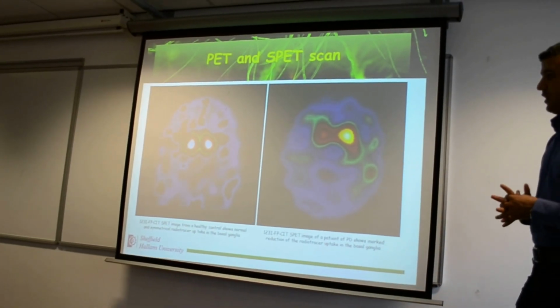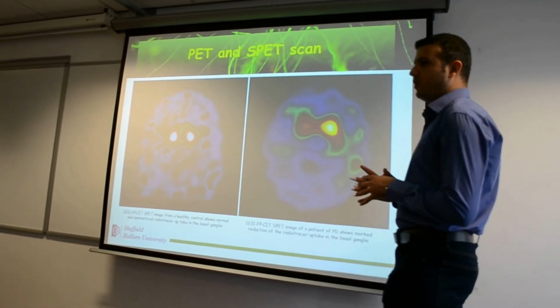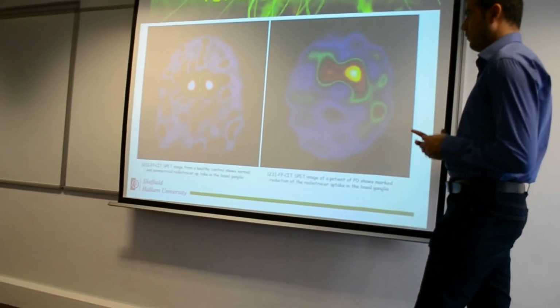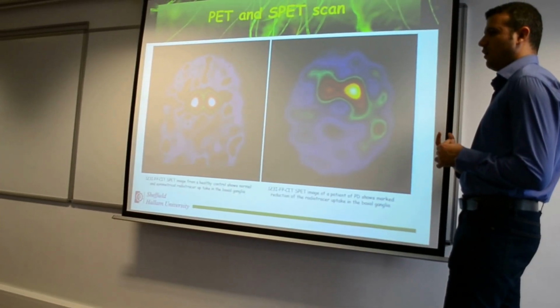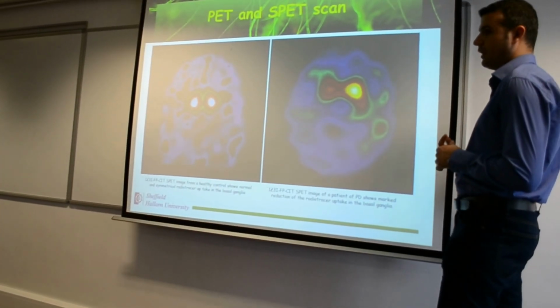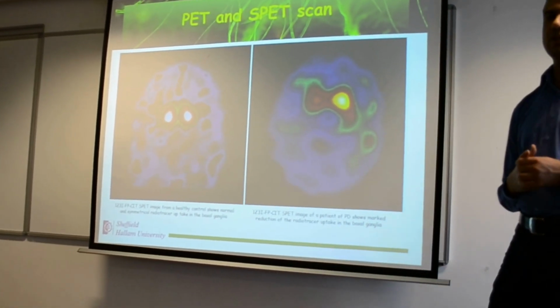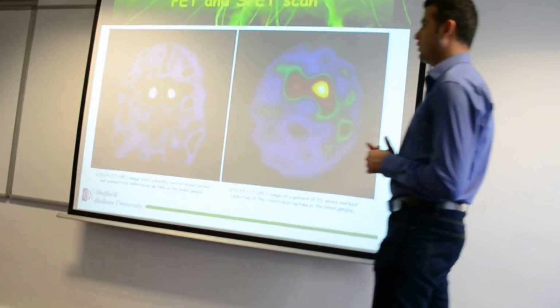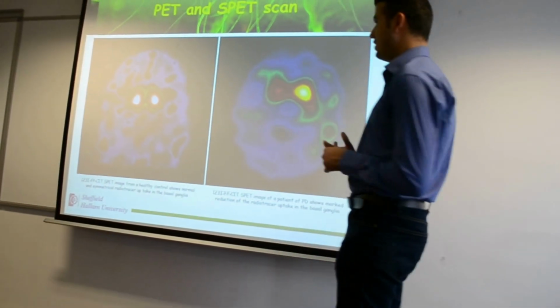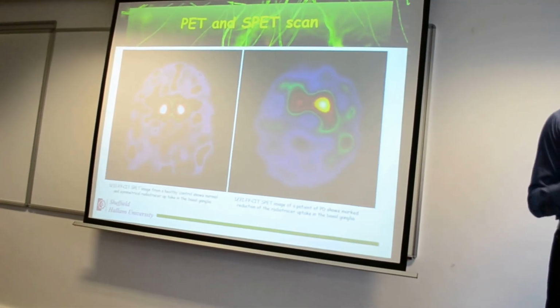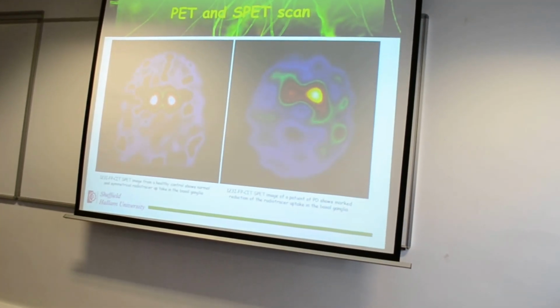These radio tracers, if we talk on the molecular level, work by being taken up by the damaged cells, like the dopaminergic terminals, which are highly damaged during Parkinson's disease. But this is not the only thing that these techniques can do.